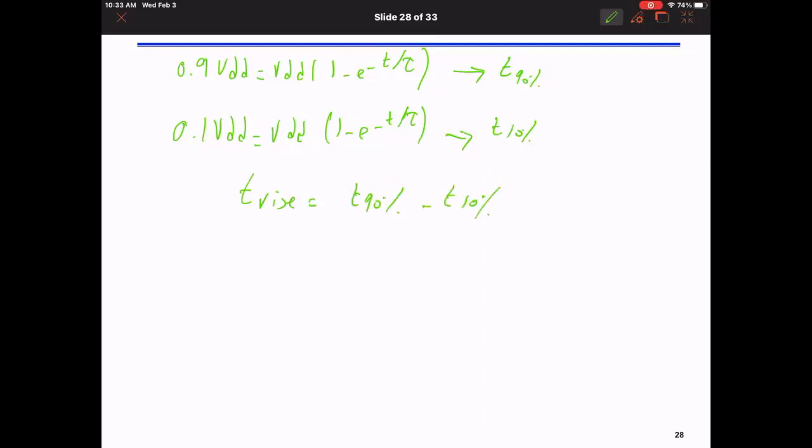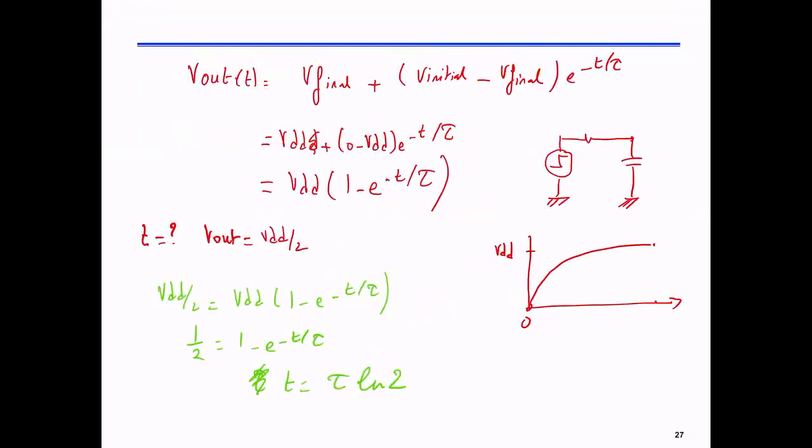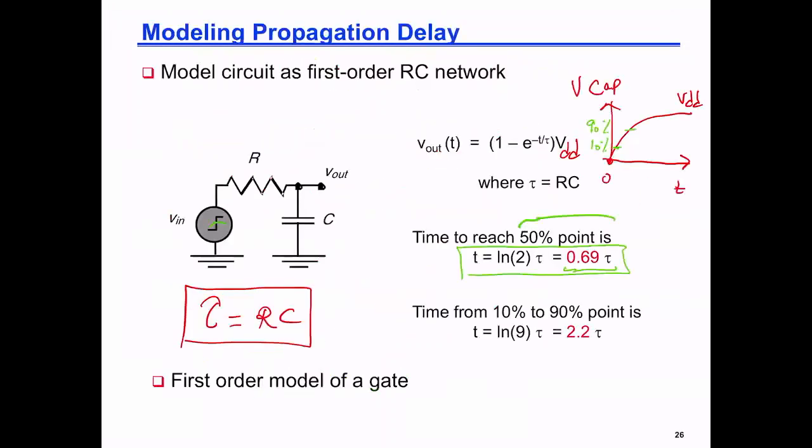In this, just remember that if you have minus ln A, it's equal to ln A to the minus 1. And if you have ln A plus ln B, this is ln A times B, or ln A minus ln B, it's ln A over B. So just be aware of those equations here. If we go back and look at the result, it ends up being ln 9 because of the difference.